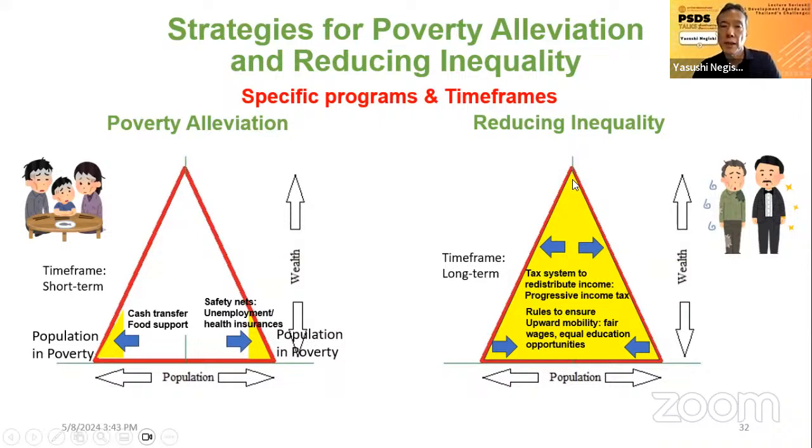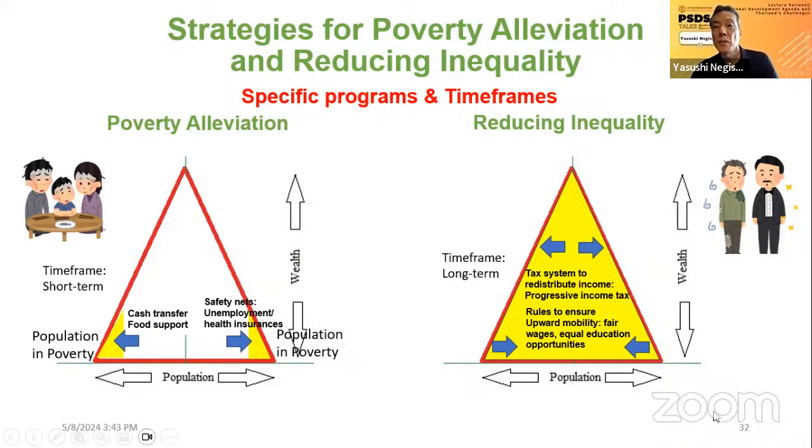So government collects tax from the entire population, and by providing government services, government can redistribute the income among the entire population. And the most notable program is called progressive income tax, where those who earn higher income are supposed to pay a higher tax ratio.